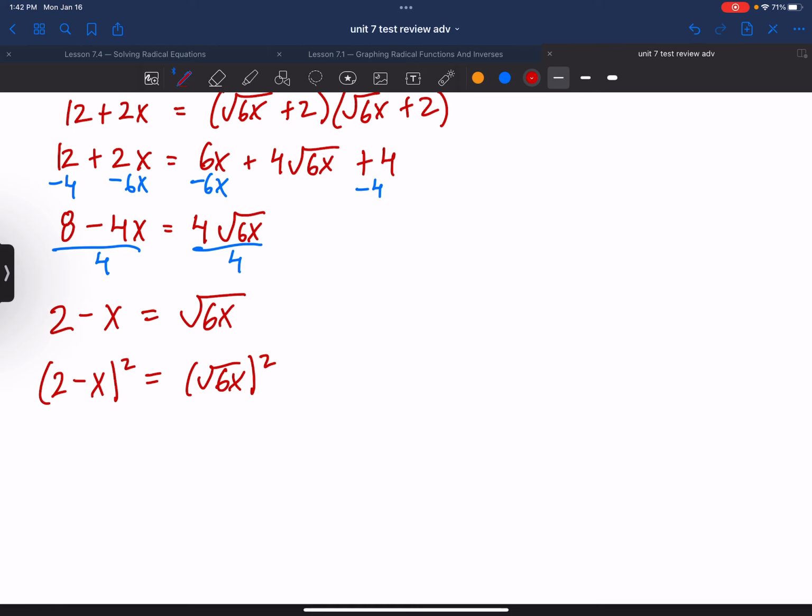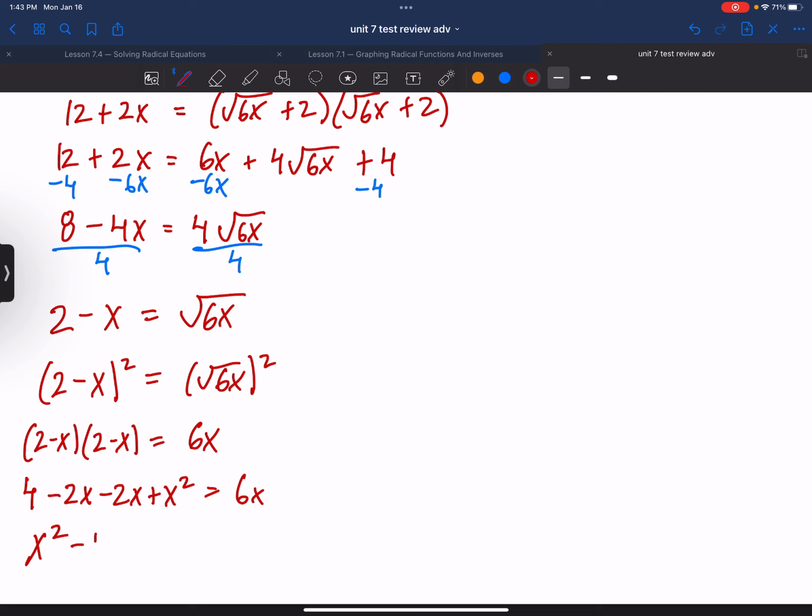And so when you do 2 minus x times 2 minus x, this equals 6x. Now this is 4 minus 2x plus x squared equals 6x. So let's rearrange that. It'll be x squared minus 4x plus 4 equals 6x.